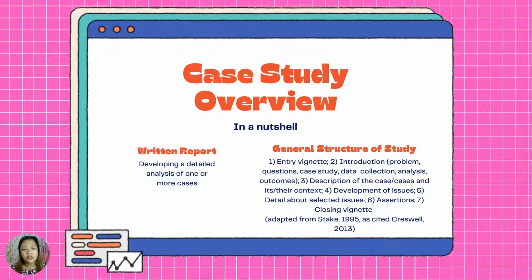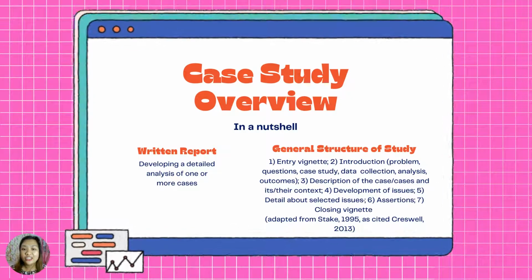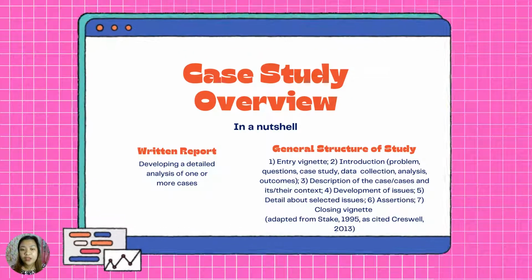Now, on the last part of case study in a nutshell, the general structure of the study. Case study usually begins with an entry vignette to be followed by introduction, and that includes problem, questions, case study, data collection, analysis, and outcomes. Third is the description of the case or cases and its or their context.